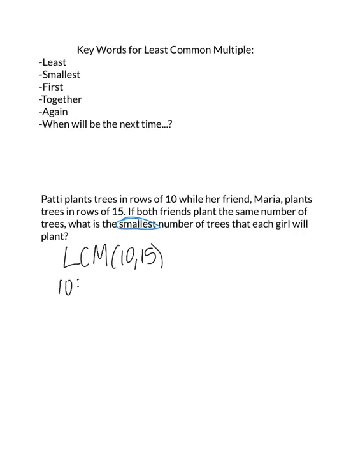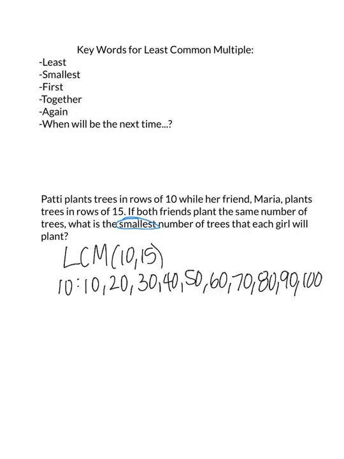So multiples of 10: 10, 20, 30, 40. All right, then multiples of 15.